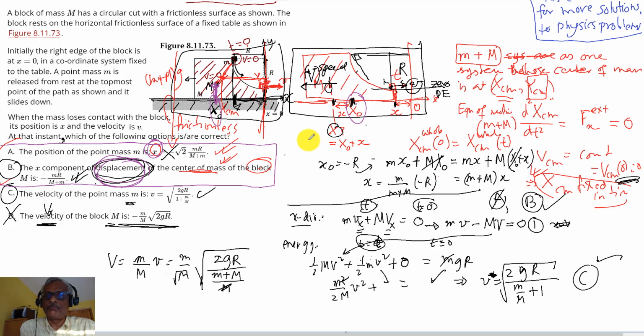Although the argument for the net center of mass is important, it was important to introduce x0 equals center of mass of the block itself at t equals 0.